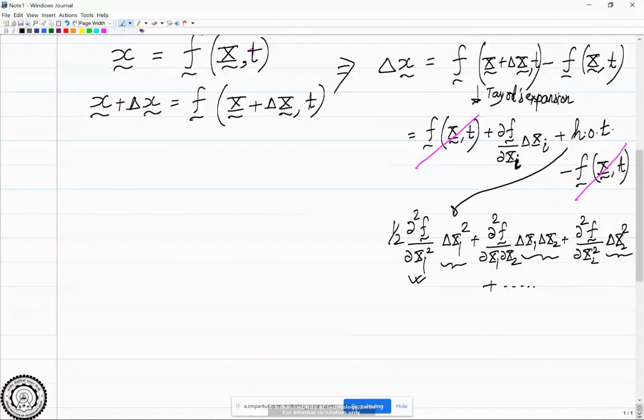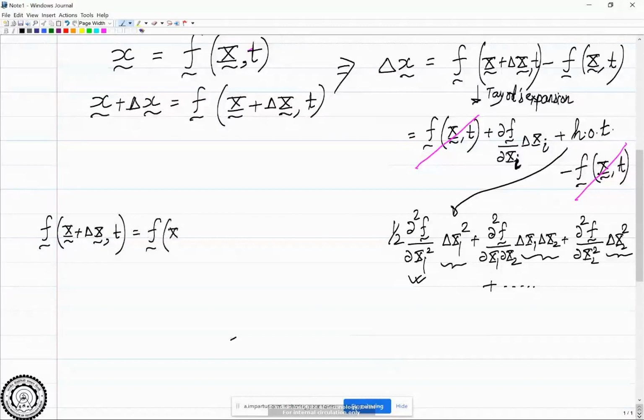Okay, yes, so now let us try to write this compactly. Can I write this compactly? Now the same expansion f of capital X plus delta capital X comma t, because now you guys know about derivative with respect to vector, the gradient. So I can now introduce the following terms.